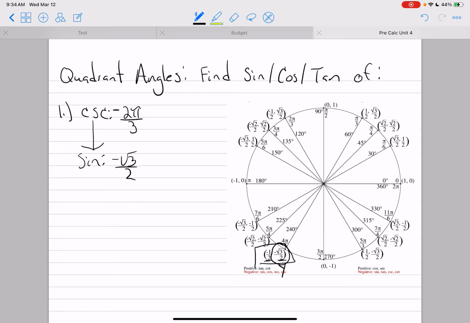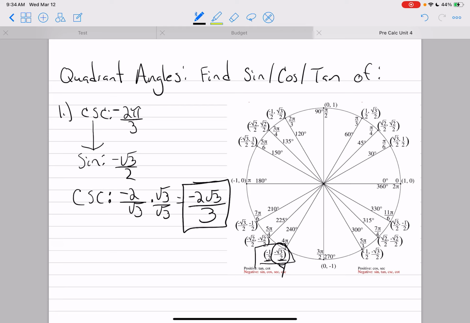But remember, sine is the y value, and they are asking me for the cosecant of that angle. So I have to flip it. So the cosecant is the reciprocal of this, which would be negative 2/√3, which I have to simplify. Which equals negative 2√3/3. Boom.